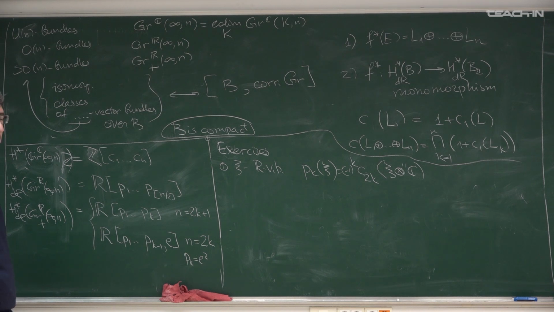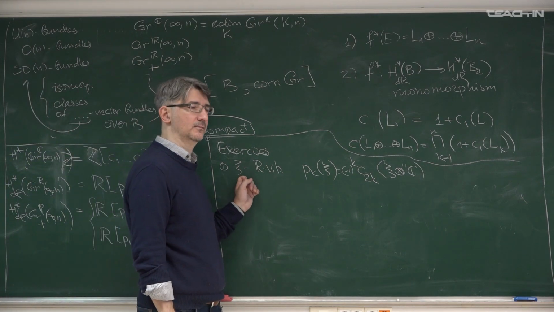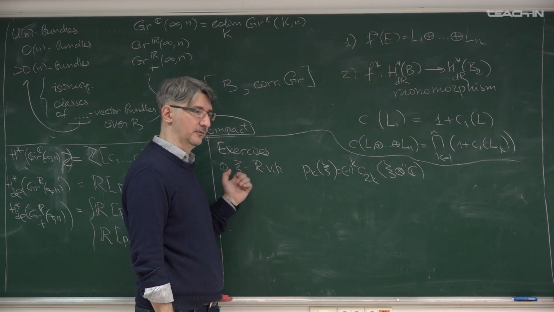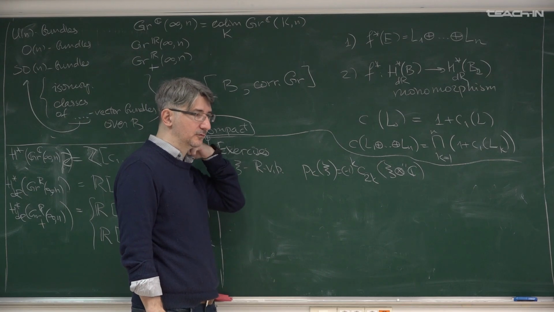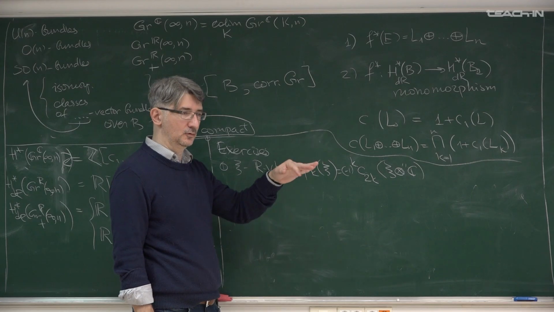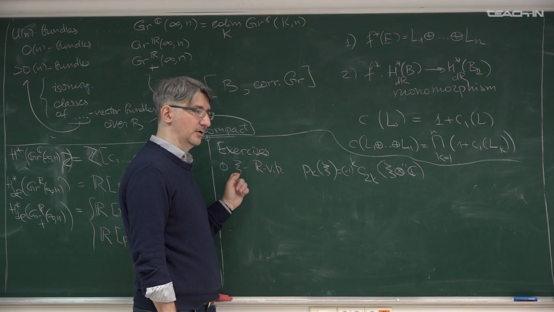So what do we need to do? So we need to check. So imagine you have vector bundle. You can equip it with a connection. You can calculate its curvature form. Then you substitute it to elementary symmetric polynomials, and you calculate Pontryagin class. But you can do another thing. You can take vector bundle, complexify it.